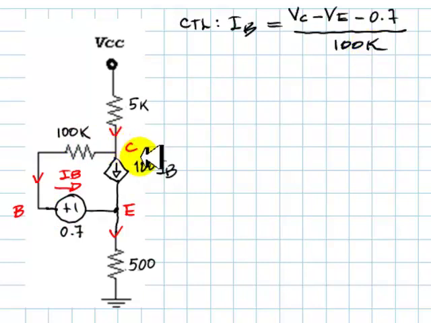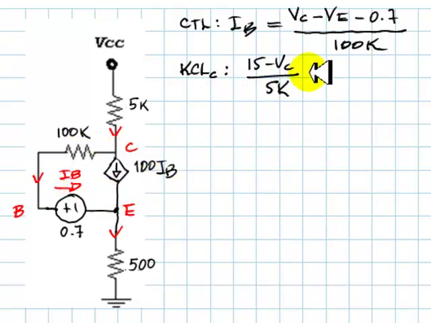And now we write those two KCL equations, one for node C, the collector. What is that equation? Currents going in, VCC 15 volts minus VC over 5 kilos equals the currents leaving that node, 100 IB and IB.